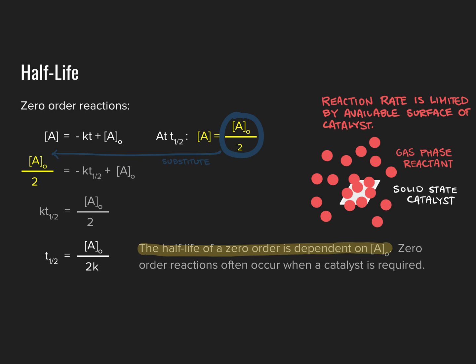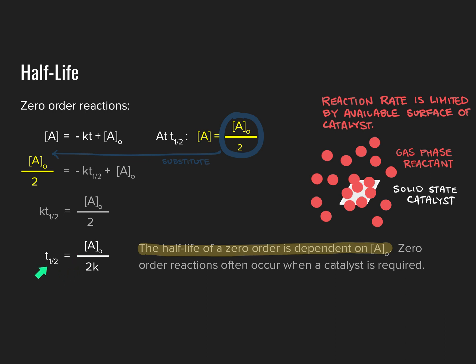Now, logically speaking, the more stuff which is present in the system, the longer it would take at a constant rate to work through that reactant until half of it had been consumed. So the half-life time is going to be longer depending upon how concentrated species A is under the initial conditions.